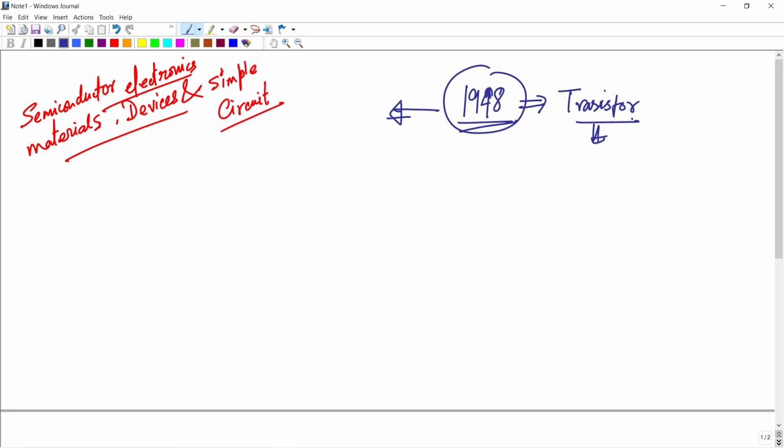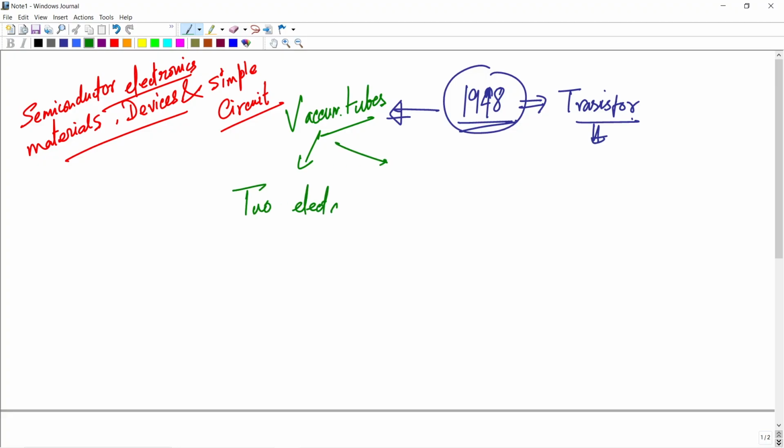There was mostly the use of vacuum tubes. And this vacuum tube has two electrodes, mainly.